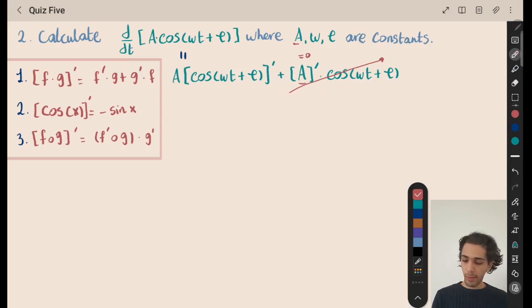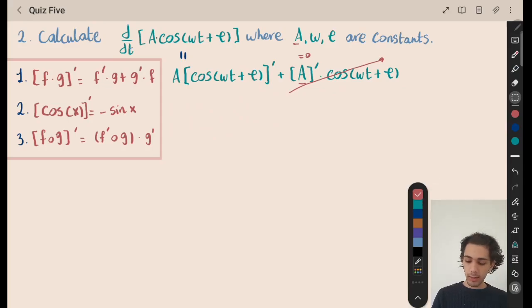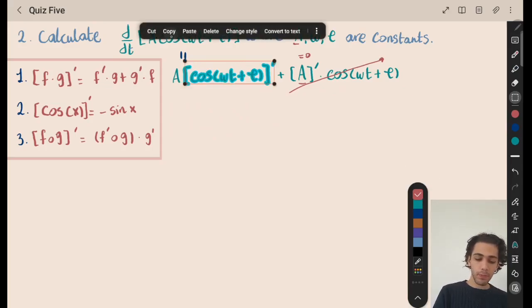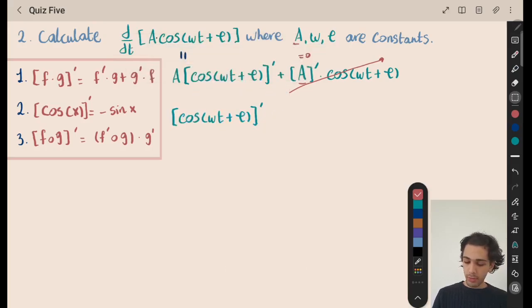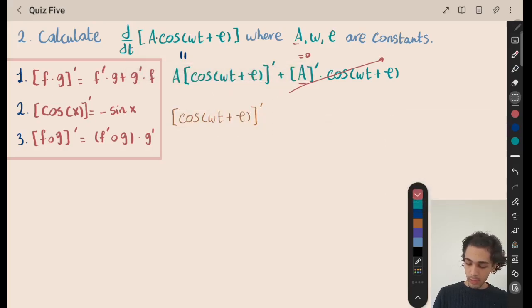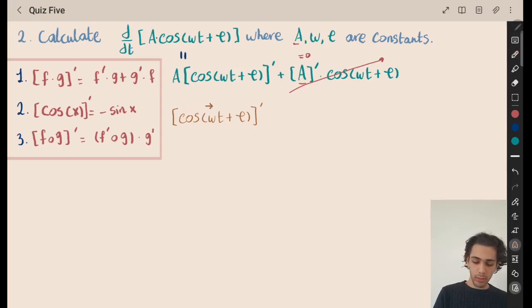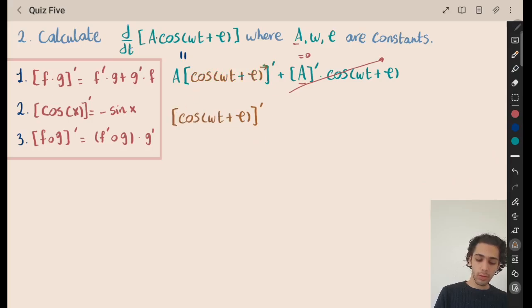If there's a constant, we just act like it's not there. And so now we are tasked with finding this derivative here. I gave it a different color because color coding is important.